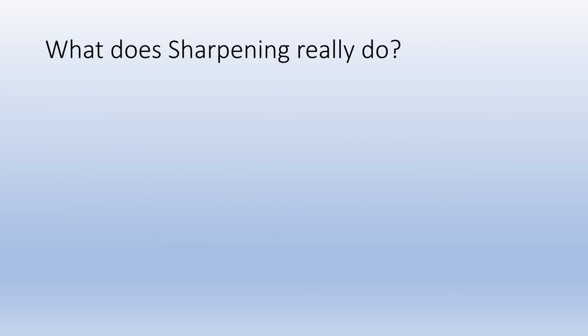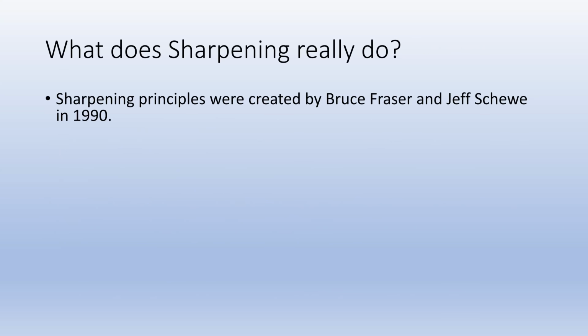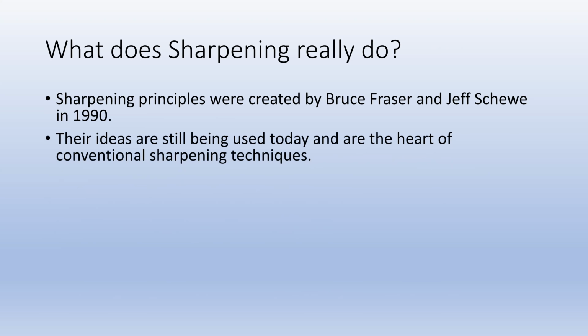So what does sharpening really do? Well, these principles were created by Bruce Fraser and Jeff Shue in 1990. They went on to work with Adobe, and their ideas are still being used today and are the heart of what we're going to call conventional sharpening techniques. So this is unsharp mask, high pass sharpening, something called edge sharpening, which we'll see.